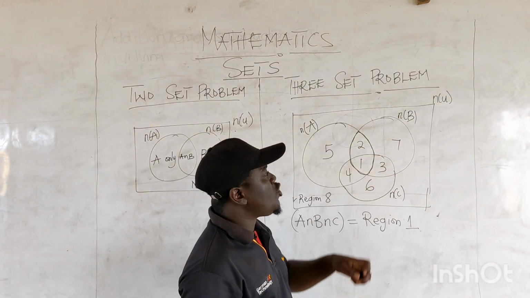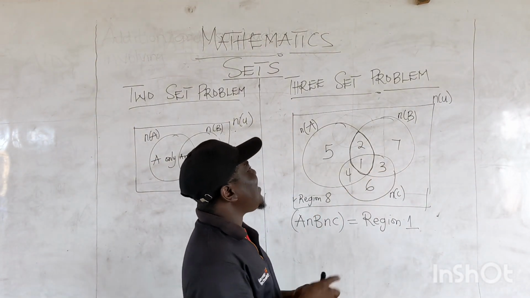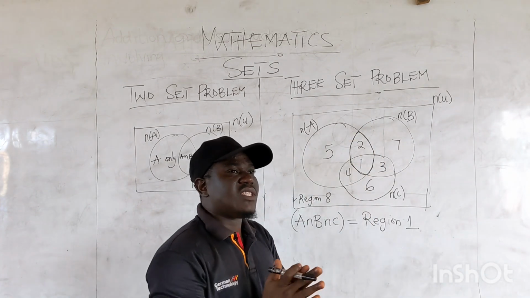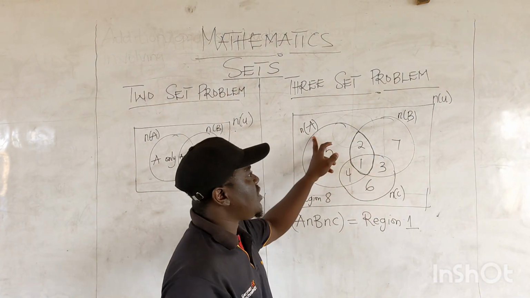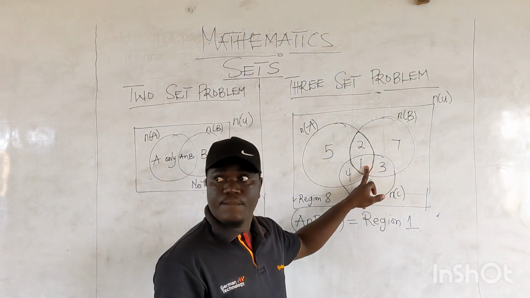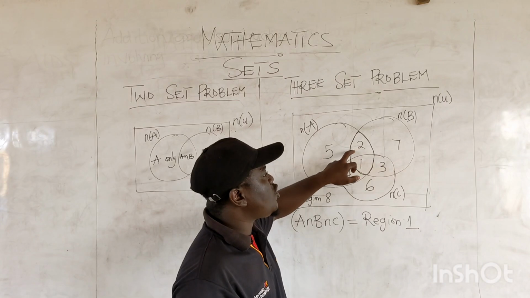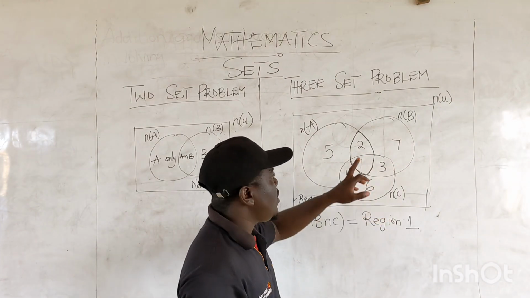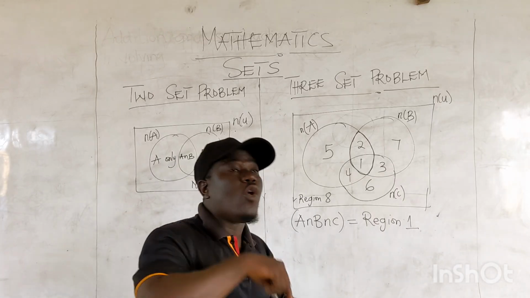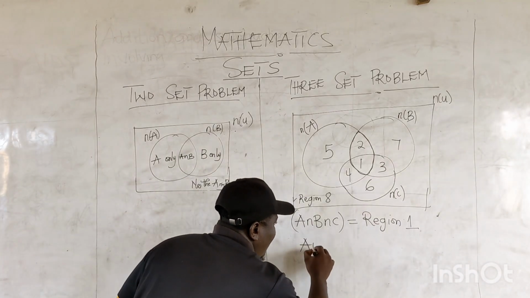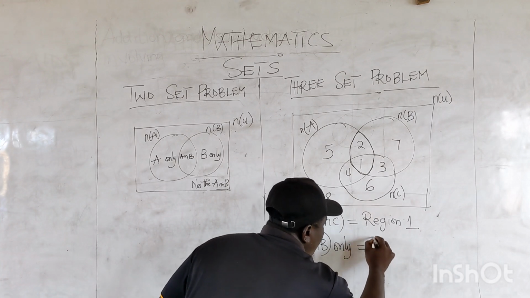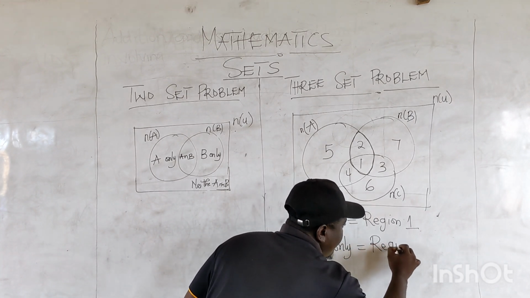And so our region 2 is the intersection between A and B only, because the intersection between A and B covers both region 2 and region 1. However, if we want to describe only region 2, then we term this as A intersection B only. So our A intersection B only has to do with region 2.